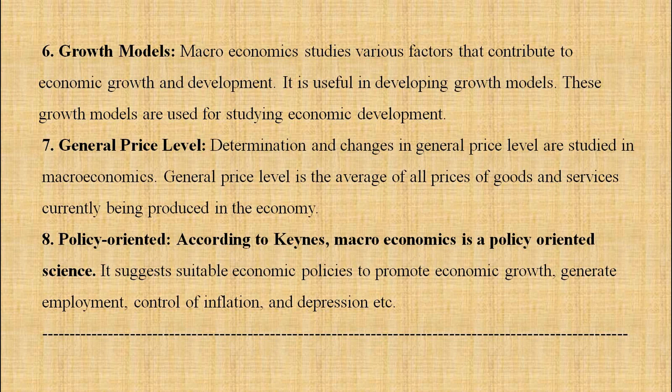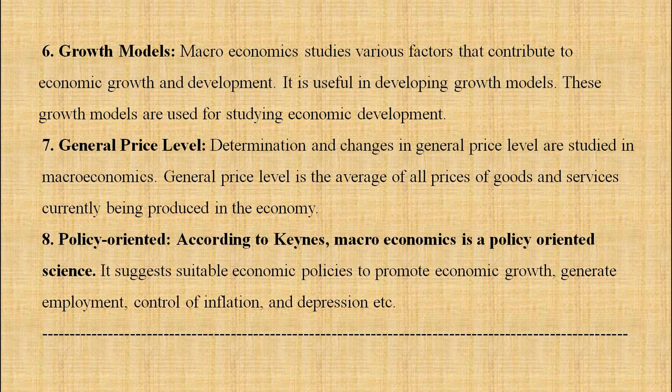So how the prices are determined: when there is an equilibrium between demand and supply, price is determined. Then why the price is changing, why the prices are going up or coming down. Then what is the impact of changes in the general price level on the economy. All that study is there under macroeconomics.